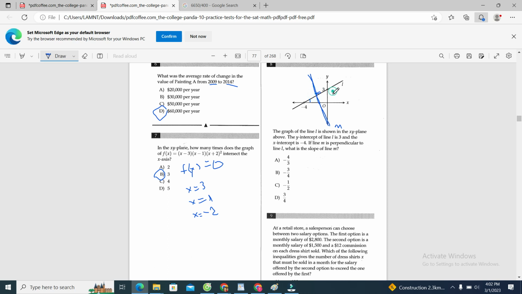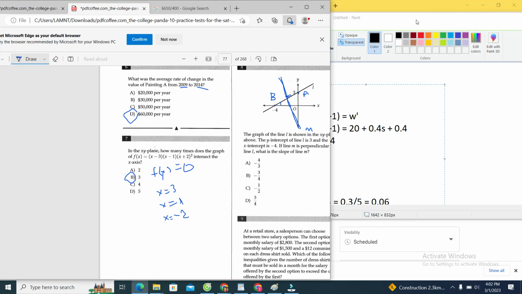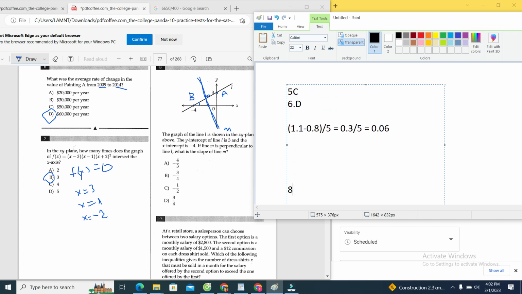Let's call this point A, the point up here, and let's call this point B. For number 8, let me call the line L to be y equals ax plus b.